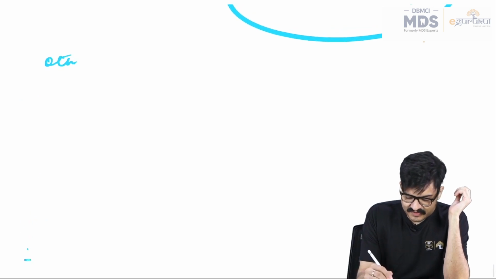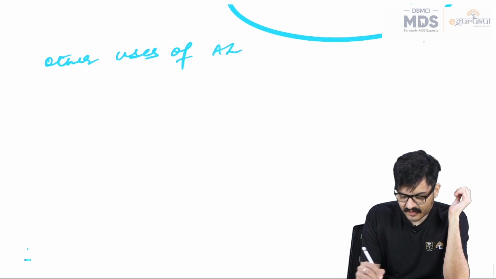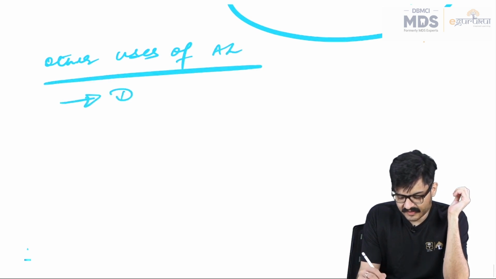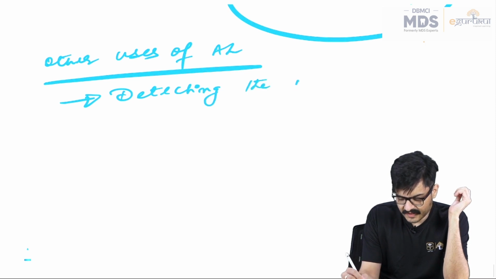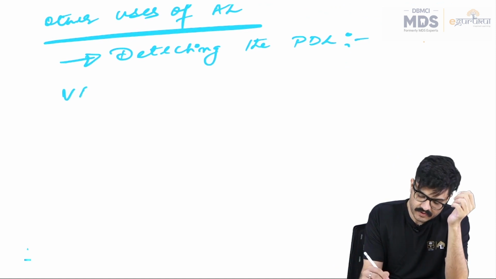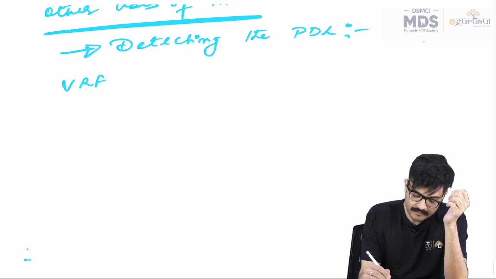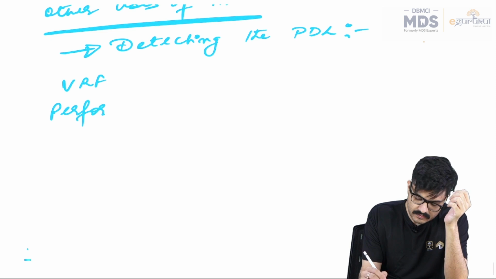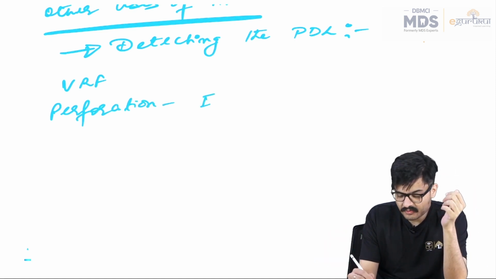So other uses of Apex locators. So basically it is what? Detecting the PDL. So it can be used to diagnose a vertical root fracture, a perforation, which can be due to an iatrogenic perforation.